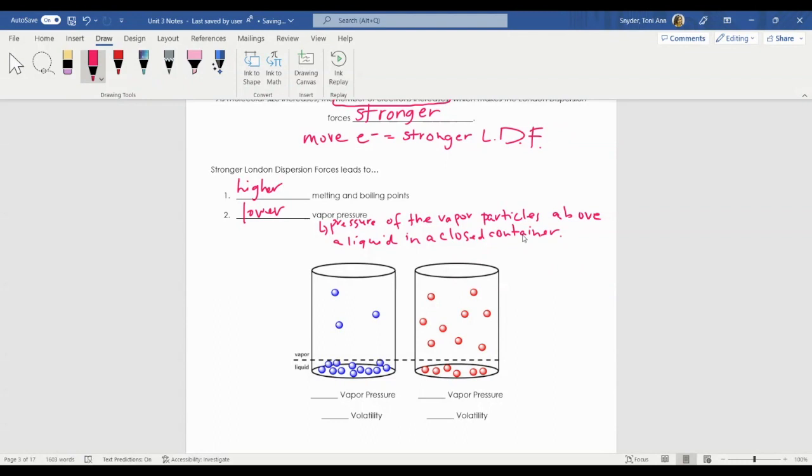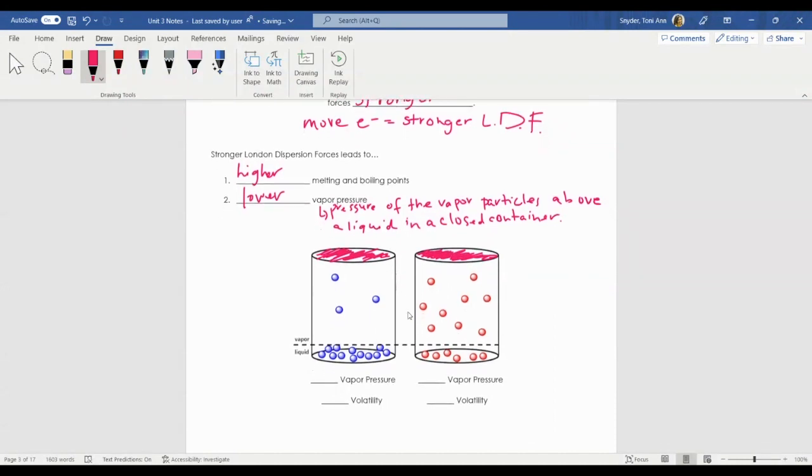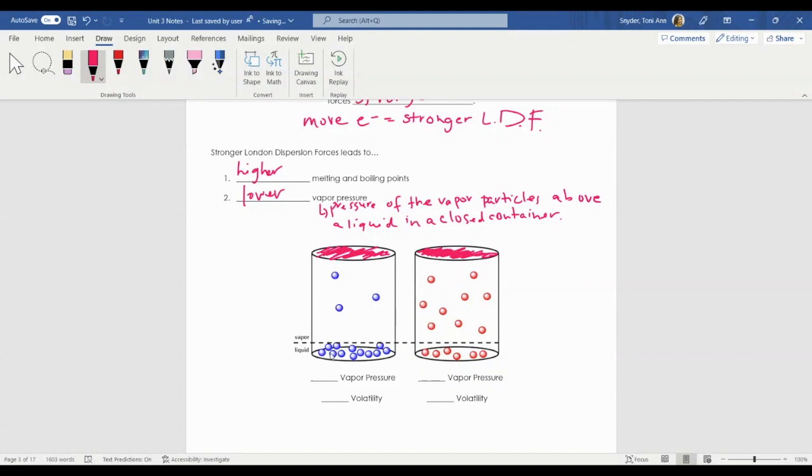So here I have two examples, right? And both of these are in two containers. We have to remember that these are closed, so they're sealed right there. Sealed up, they got a cap on top. Let's take a look at both of the liquids in these containers. Here I have some substance, right?